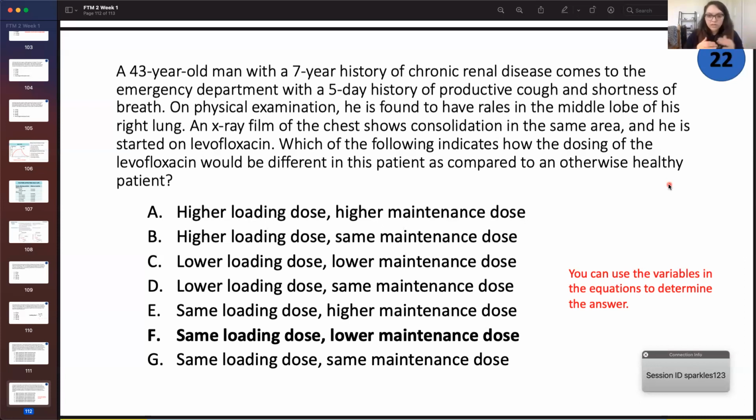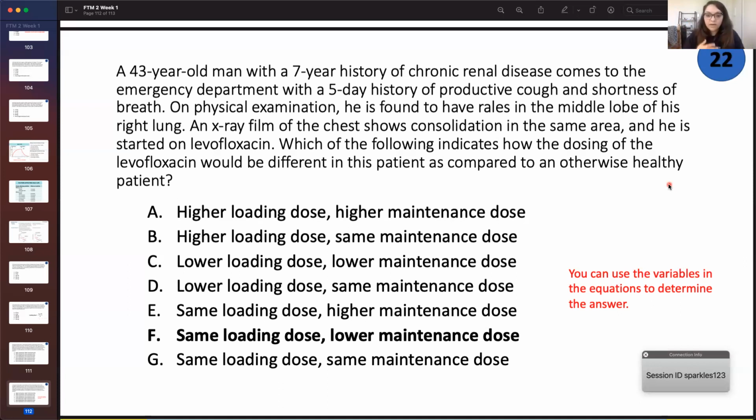So I would have to alter that loading dose, because if it's VD that's the issue, then I want to start out slower, because I don't want them to get a high dose and then see toxic effects based on that.